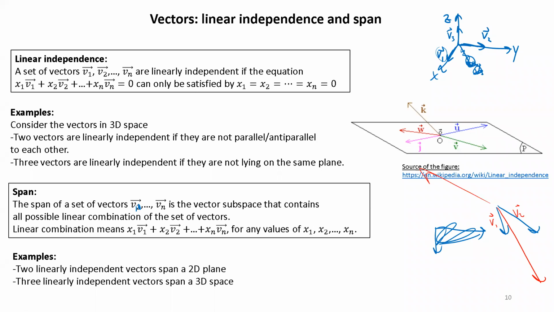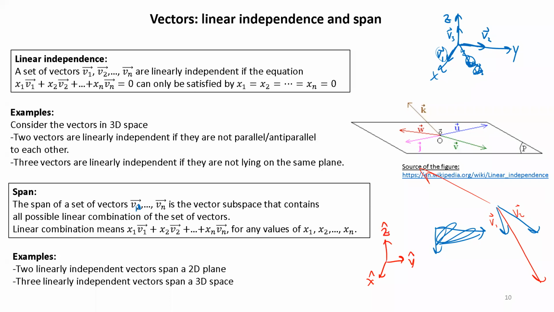Similarly, if I consider the 3D space, if I have three linearly independent vectors, then they span a 3D space. The most common example that you have already used a lot is x hat, y hat, z hat.